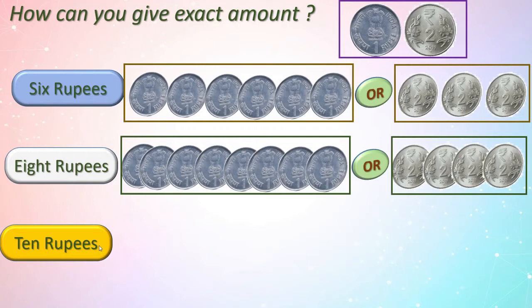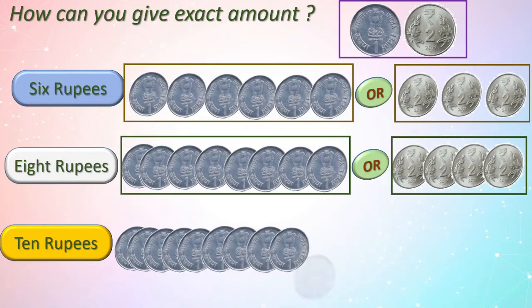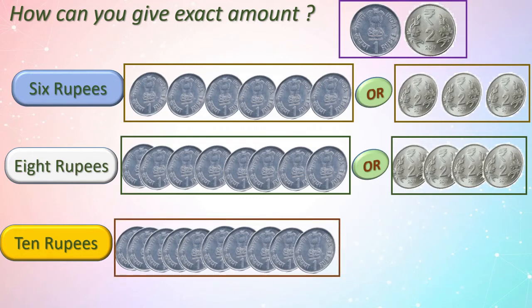Now, if you want to give 10 rupees, that also by using 1 rupee coin, then how many coins are needed? Yes. 1, 2, 3, 4, 5, 6, 7, 8, 9 and 10. Right? These 10 1 rupee coins make 10 rupees.